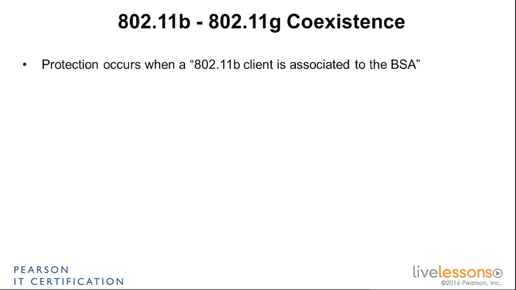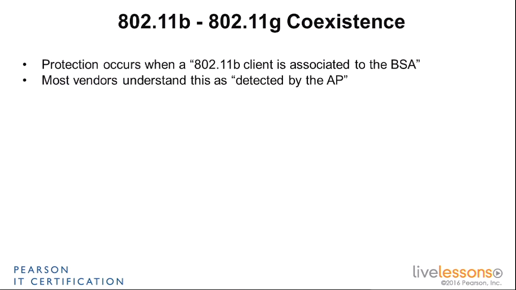The issue with that mechanism of protection is that it gets contaminated from one access point to the other. The way it works is that as soon as there is one device associated to the BSA, that's how the 802.11 standard says it, the access point has to advertise that there is one B client associated to the BSA and that you have to use protection. But most vendors say, what do you mean associated?